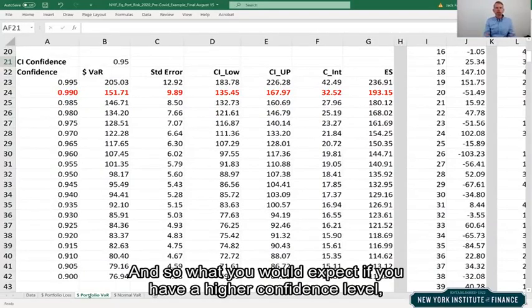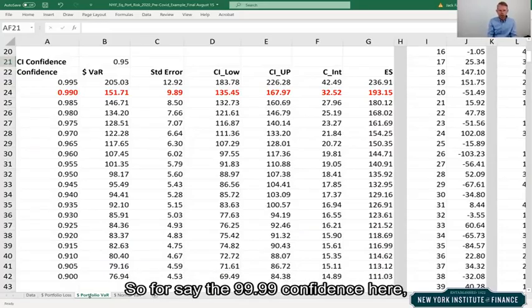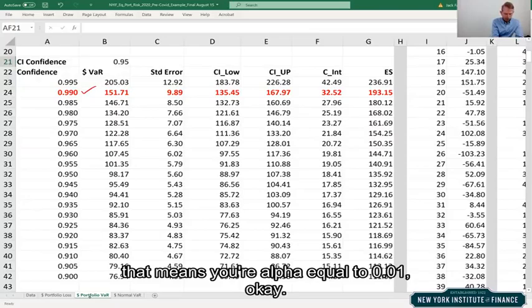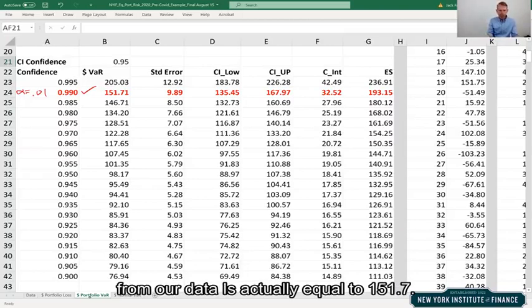What you would expect is that if you have a higher confidence level, your alpha is smaller. So for, say, the 99% confidence here, that means your alpha is equal to 0.01.